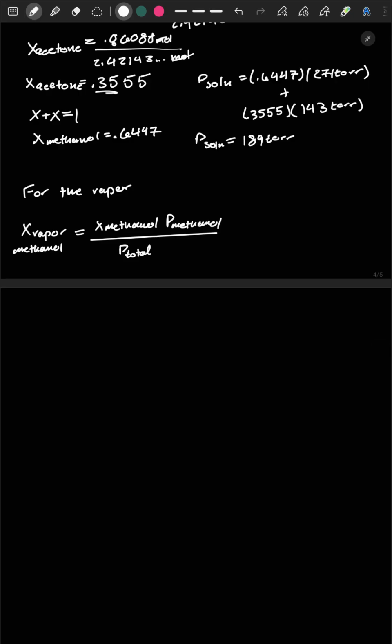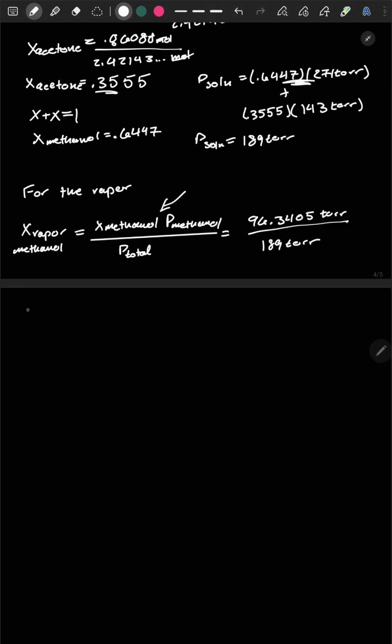So let's just go ahead and start plugging in values. That's going to be the same value that was up here, right here. So I'll just put that in, and that's going to be 96.3405 torr over 189 torr.